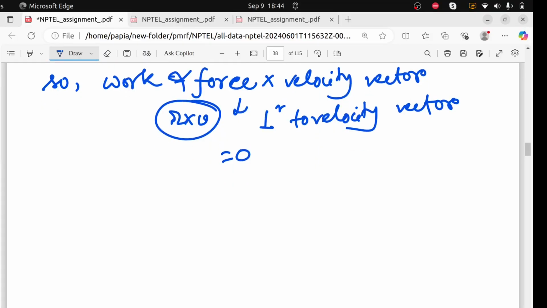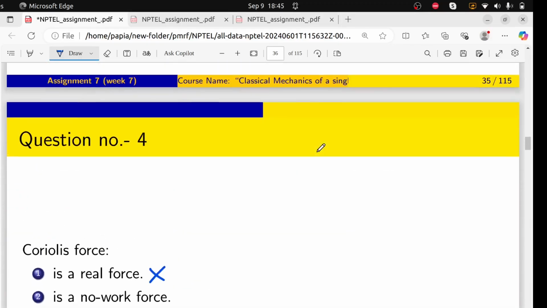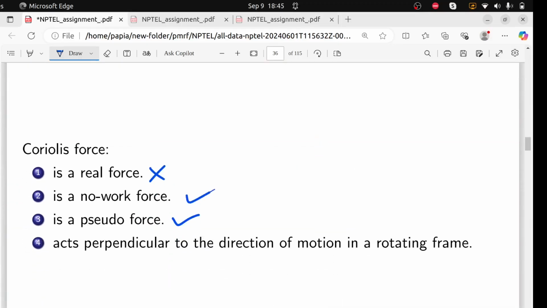So Coriolis force implies no work on the particle. Okay, so this will be right. Acts perpendicular to the direction of motion in a rotating frame.